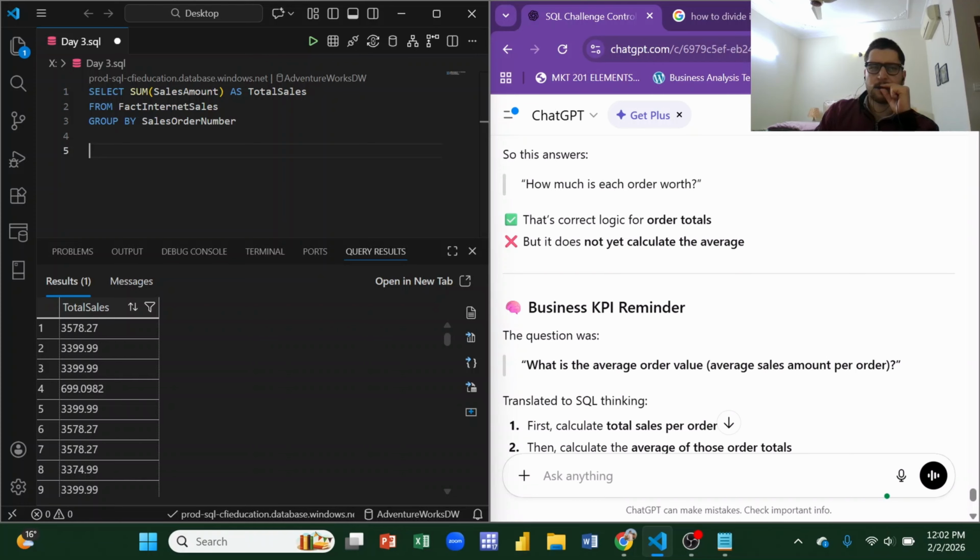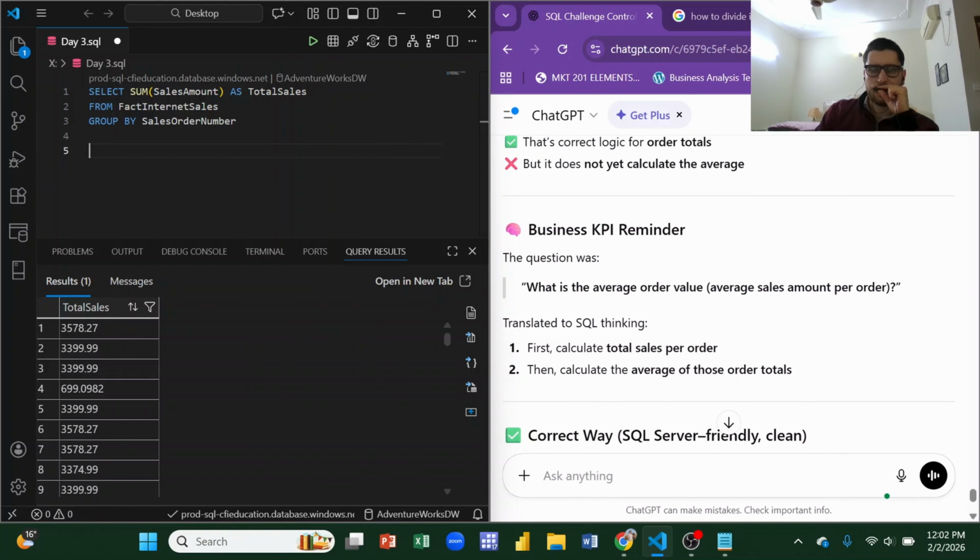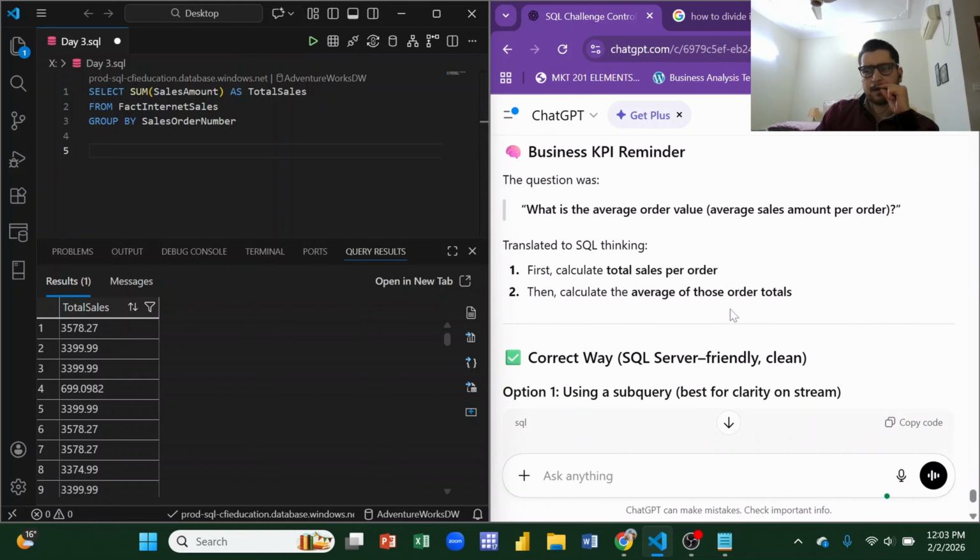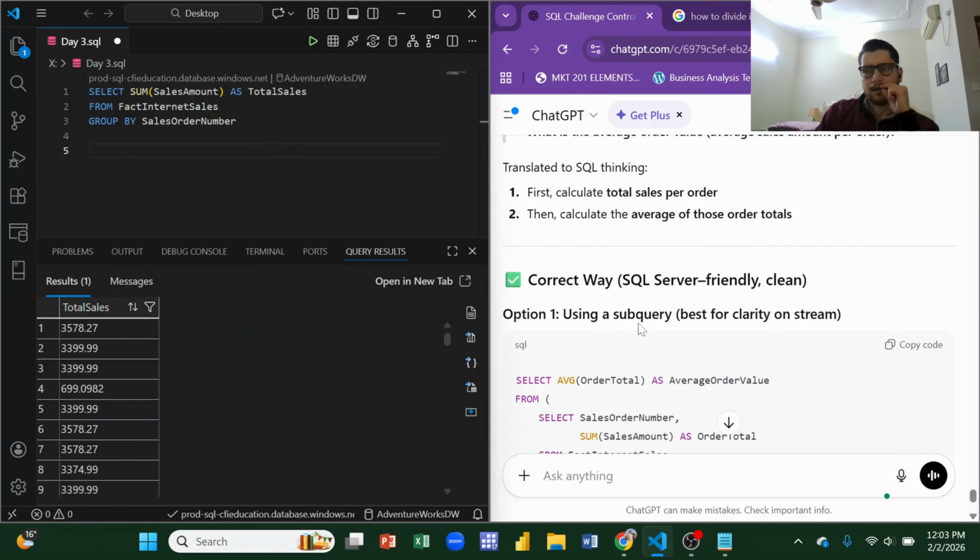That is correct logic for order totals, but it does not calculate the average. Yeah, it does not calculate the average, I know that. So how can I calculate the average? First calculate total sales per order. Total sales per order. Order total.